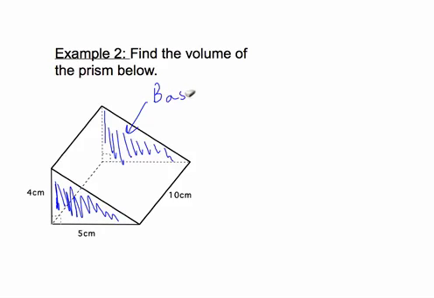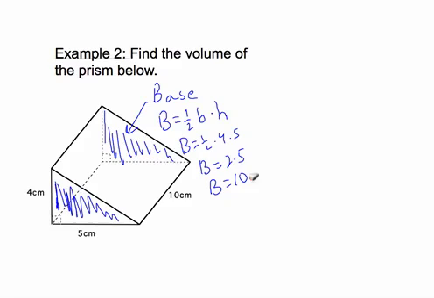The area of the base, well, it's a triangle, so it's going to be half base times height. Be careful here, the small b is the base of the triangle. In the triangle, the base and height are 4 and 5 because they're perpendicular to each other. So that's half times 4 times 5, which equals 2 times 5, which equals 10 square centimeters. That's the area of the base.